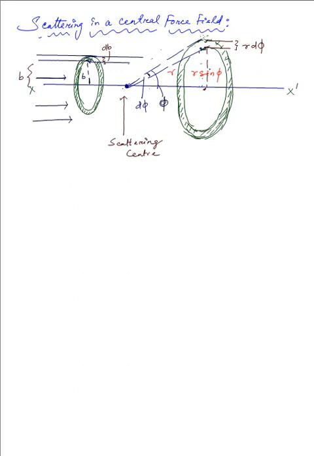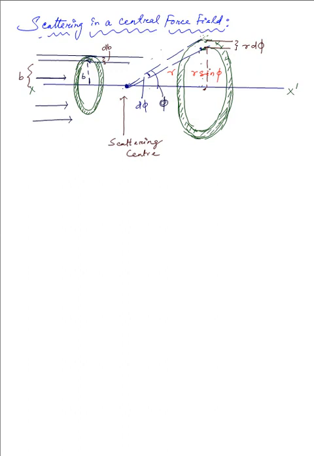Now, the classical study of the scattering problem gives a chance for the beginner to learn the language of the problem. So let us consider a uniform beam of particles as we have shown in the figure on the left hand side. They are moving along the x-axis in a central force. All the particles of the beam have the same mass and energy, represented by those parallel lines, arrows indicating the direction of motion.